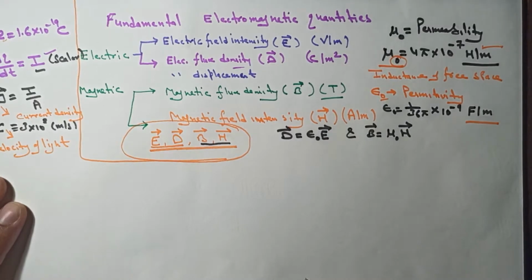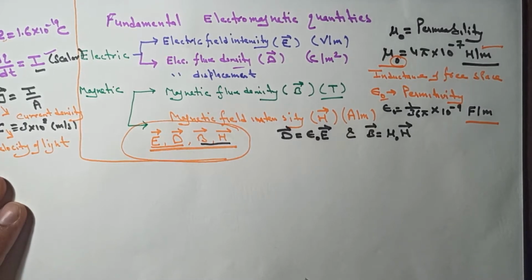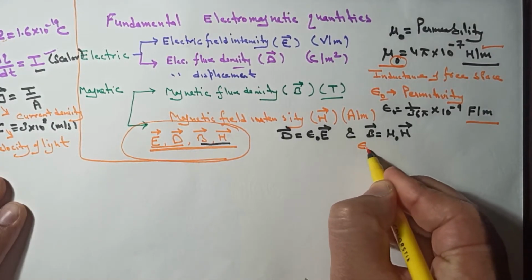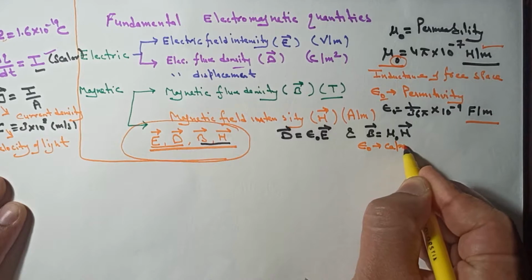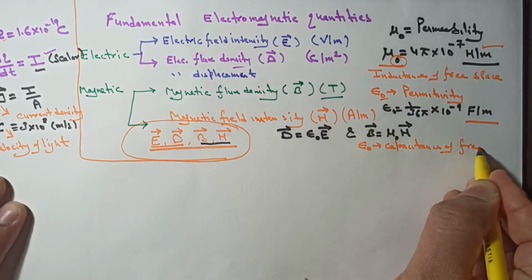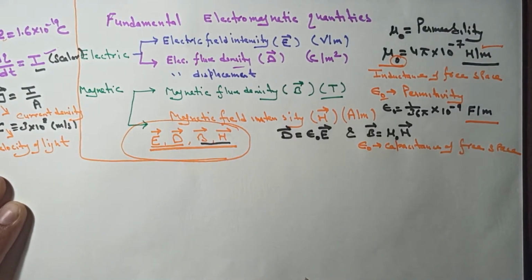Now see, farad is the unit of capacitance. So farad per meter, capacitance per meter. So what is epsilon naught now? It is the capacitance of free space, which is distributed throughout the length.